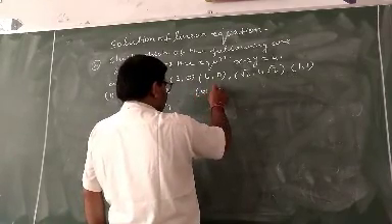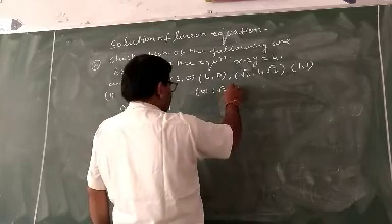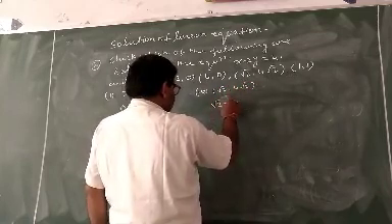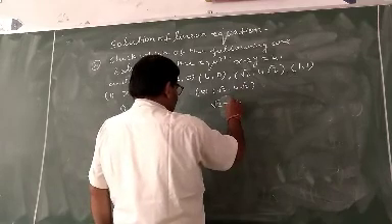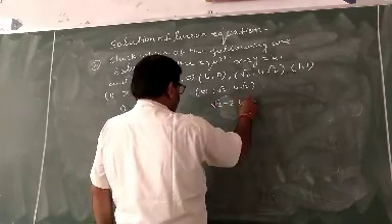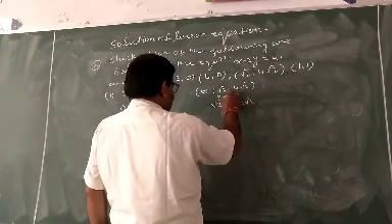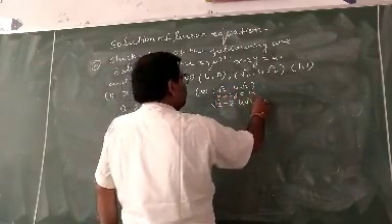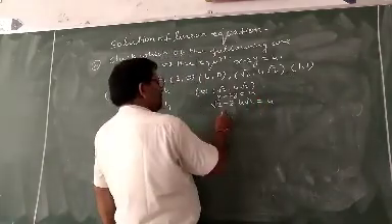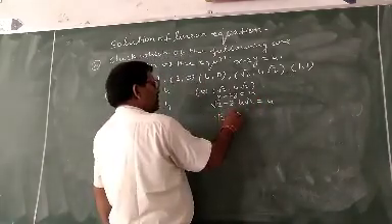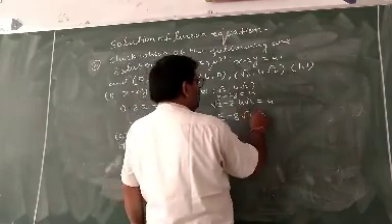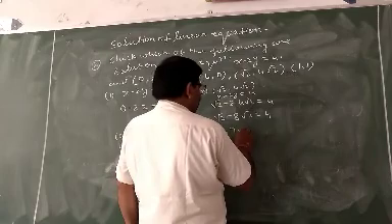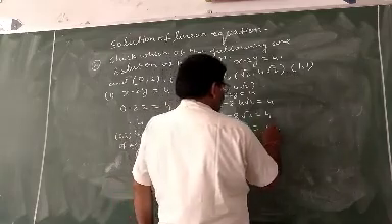Now similarly, the fourth point, (root 2, 4 root 2). Root 2 minus 2 into 4 root 2, x minus 2y equal to 4. Root 2 minus 8 root 2 equal to 4 and minus 7 root 2 equal to 4.